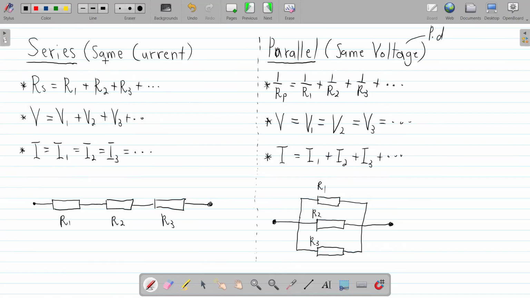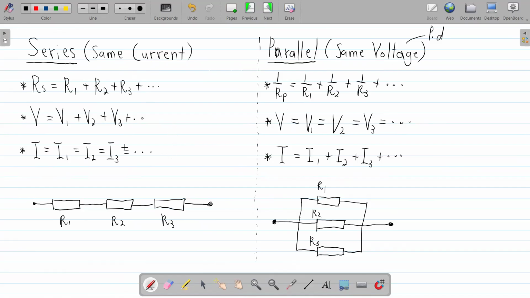So if it's in series, the resistors have the same current. If they're in parallel, the resistors have the same voltage, or you can say potential difference. So it can be the same current or the same potential difference depending on the type of connection.